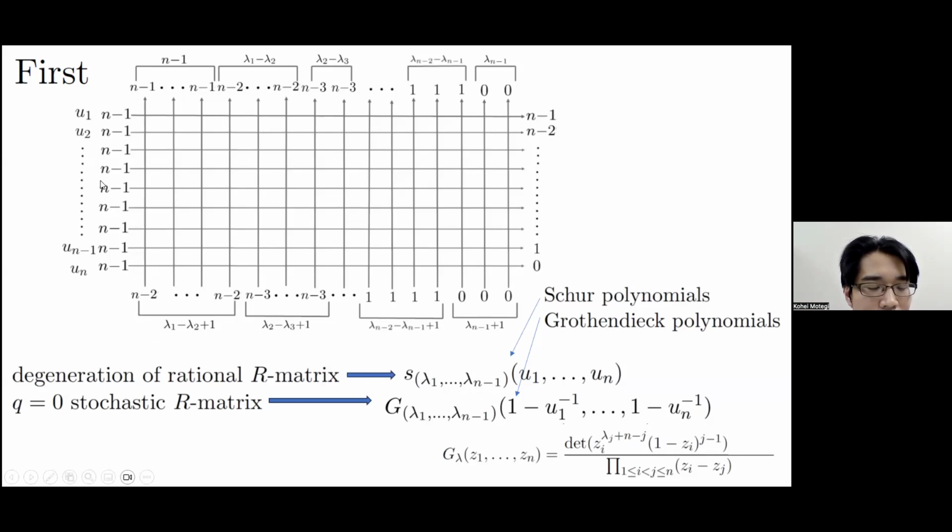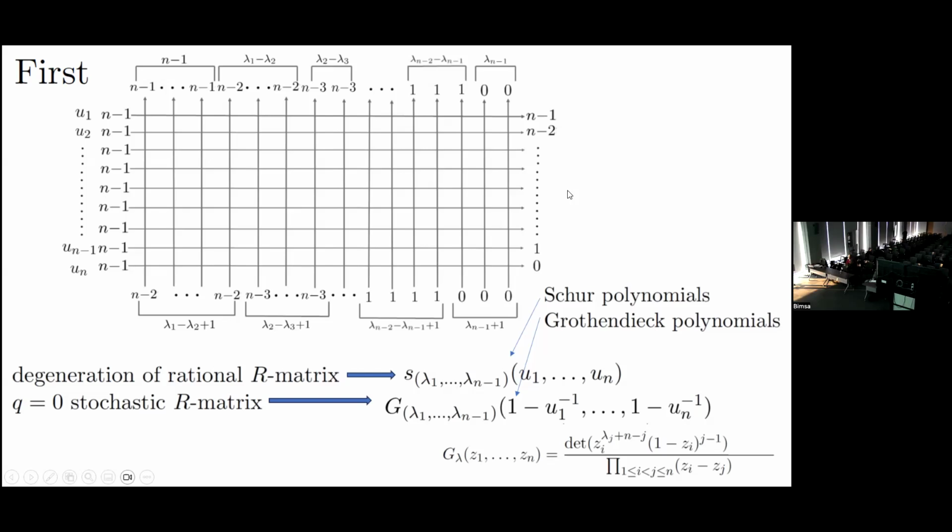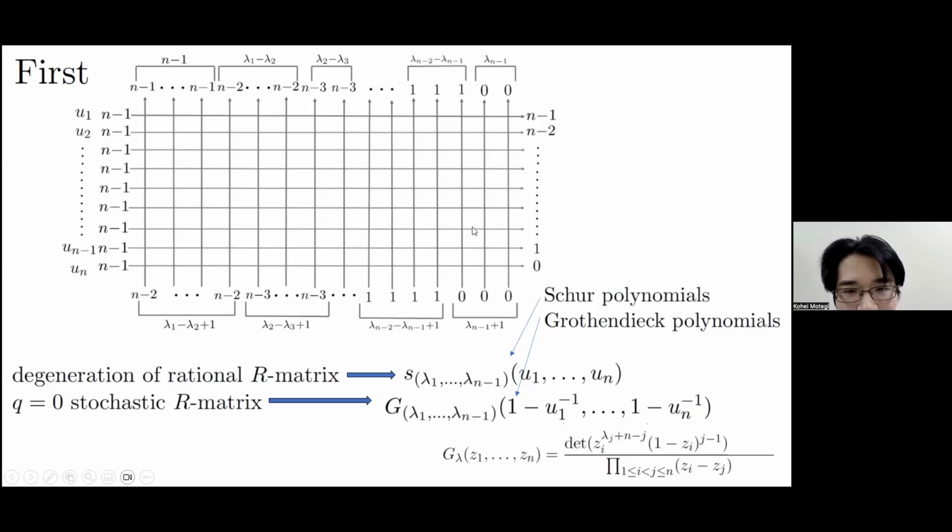So, for example, the left boundary, all states are n minus one. Maybe you can explain this picture first. What is this picture? Yes, I will explain.